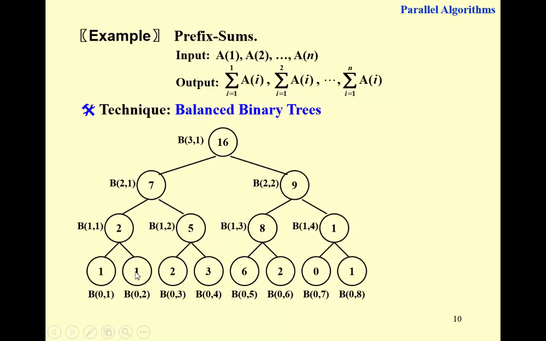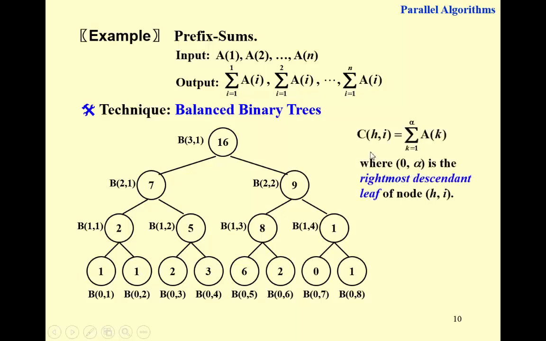So what is the pattern? Let's denote C of h,i to be the prefix sum of the first alpha numbers, where alpha is the rightmost descendant leaf of node h,i. What does it mean?